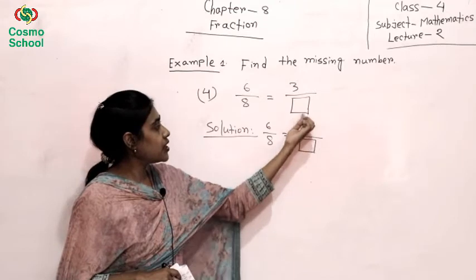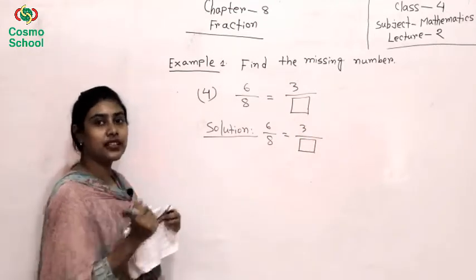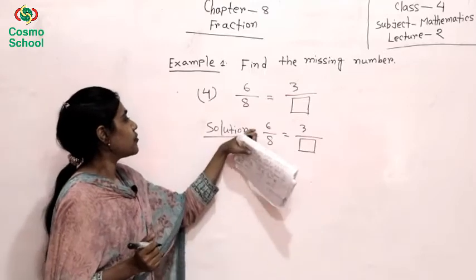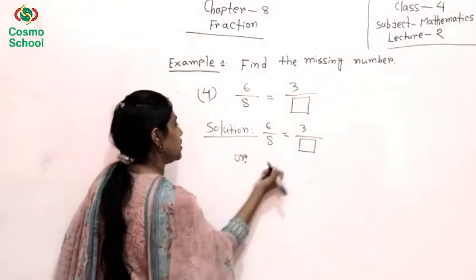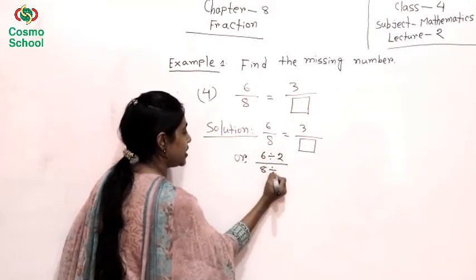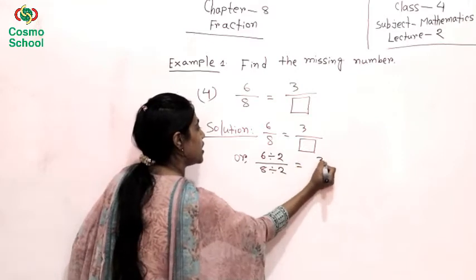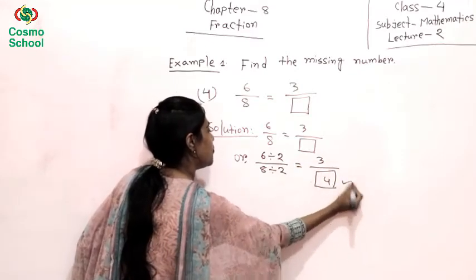For making a similar numerator, I will divide the first fraction number by the same number, and that is 2. Now 6 divided by 2, 8 divided by 2, and I get the result 3, and the missing number is 4.